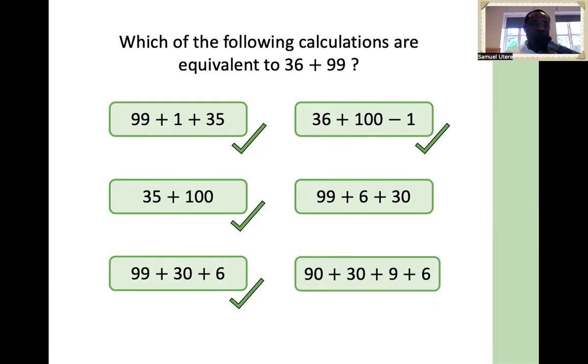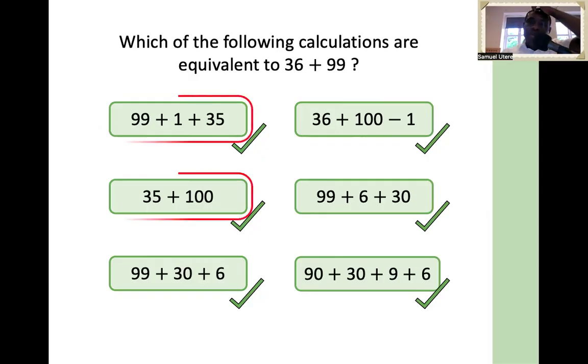Here we can see that the 99 stays the same, but the 36 has been split into 6 and 30. This calculation, you can see that the 99 has been split into 90 and 9, and the 36 has been split into 30 and 6. But I would choose these ones.